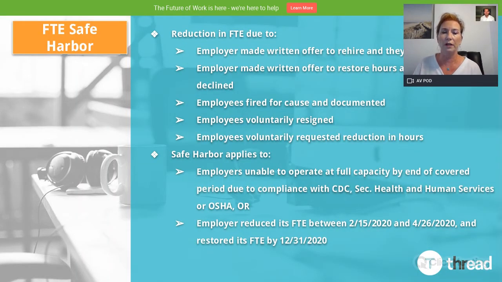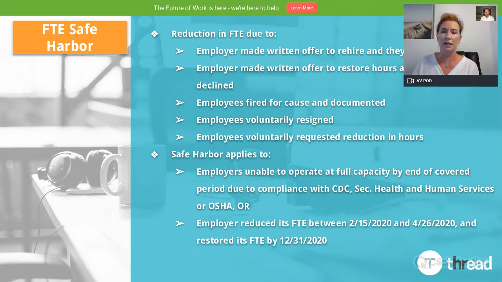Quickly, I just want to make sure everybody understands that you now have exemptions for your full-time equivalent count. If you made a written offer to rehire someone that you laid off, but they declined to come back, make sure this is in writing. If you made an offer to restore their hours and they declined to come back at those hours, or if an employee was fired for cause, documented, that is going to be an exemption to full-time equivalent count.